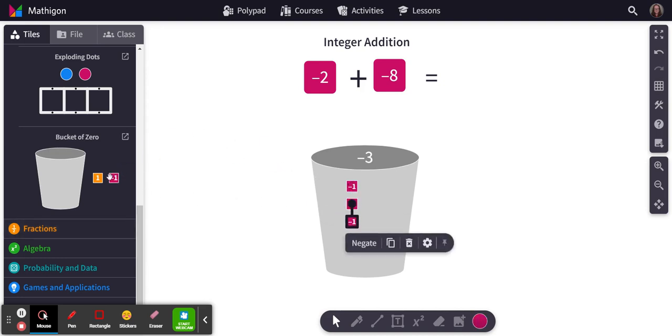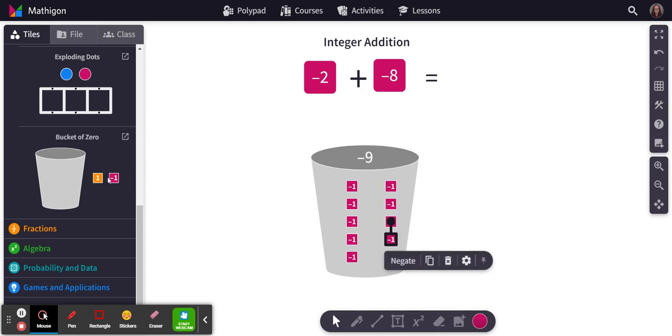So I'm just going to put in my 8 negatives. 1, negative 2, negative 3, negative 4, negative 5, negative 6, negative 7, and negative 8. We can see that negative 2 plus negative 8 is negative 10 because I started with negative 2 in my bucket and I just kept adding more negatives. Nothing cancels off because I just added more and more negatives, so we got more and more negative.